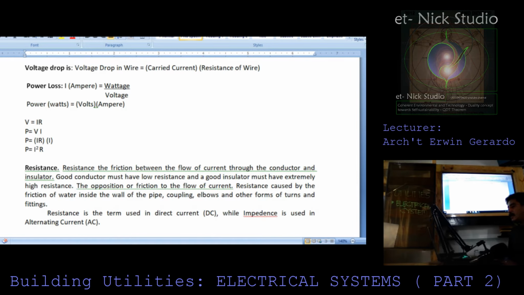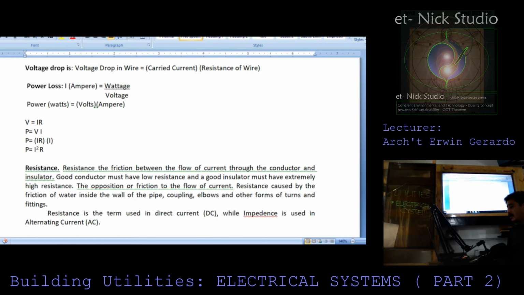Resistance is the friction between the flow of current through the conductor and insulator. A good conductor must have low resistance, and a good insulator must have extremely high resistance.